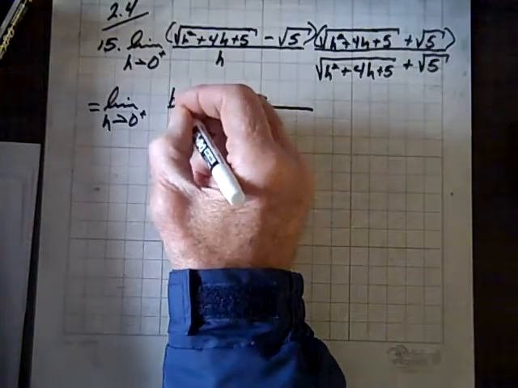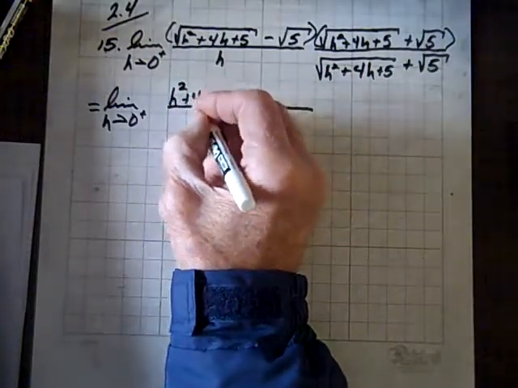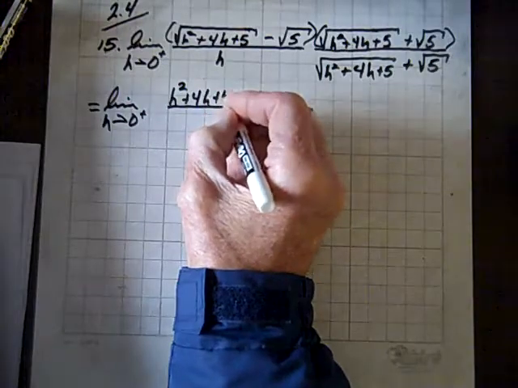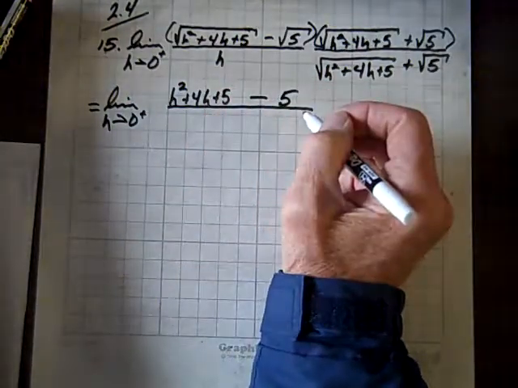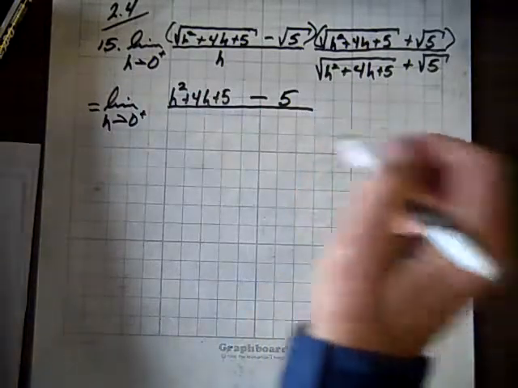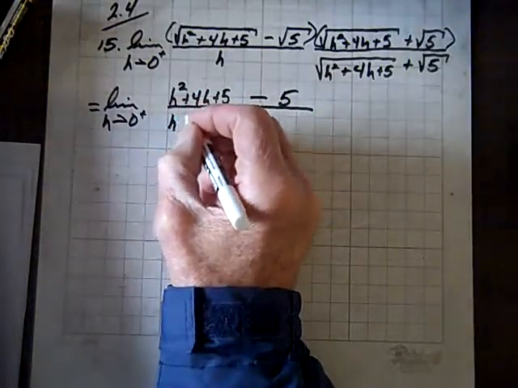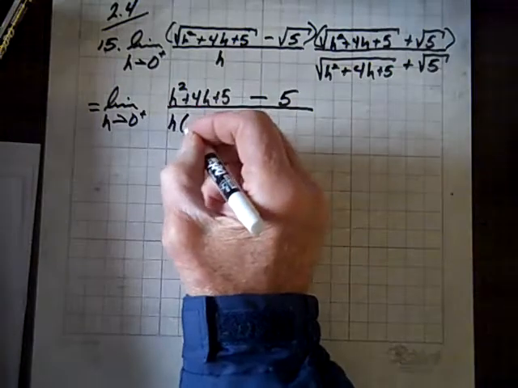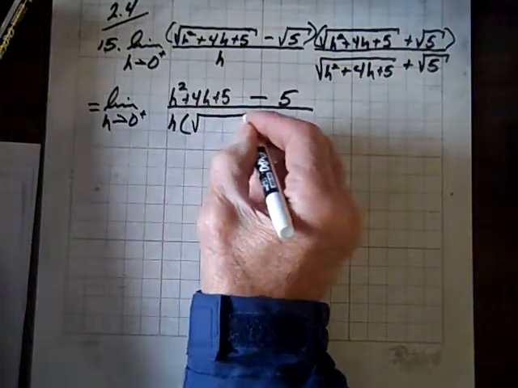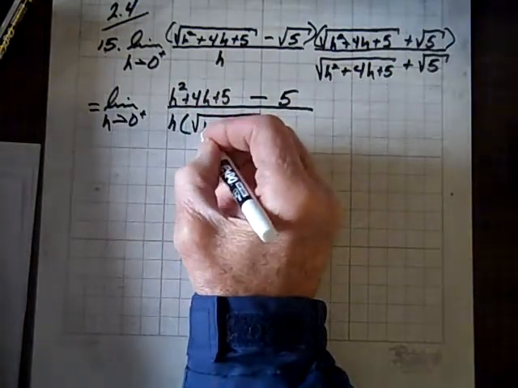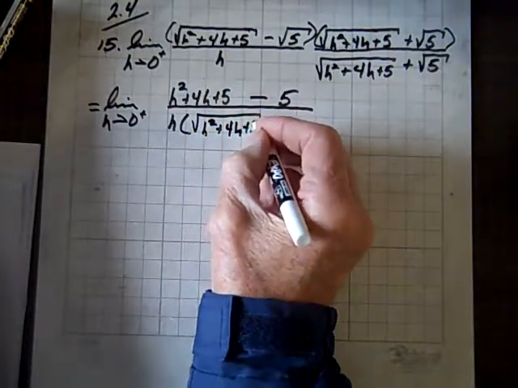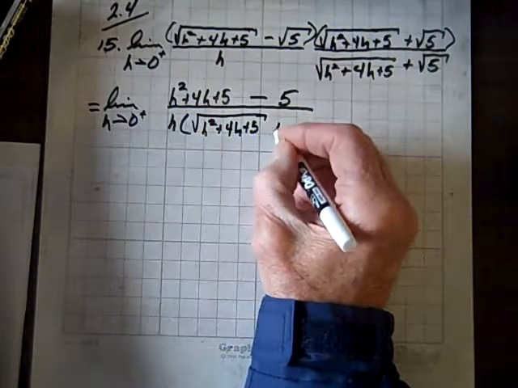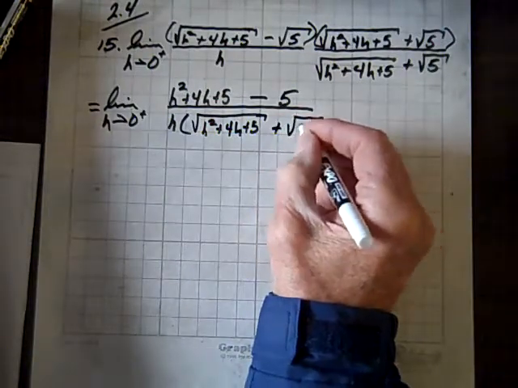And so we'll have h squared plus 4h plus 5 minus 5 all over h times the square root of h squared plus 4h plus 5, this isn't going away, plus the square root of 5.